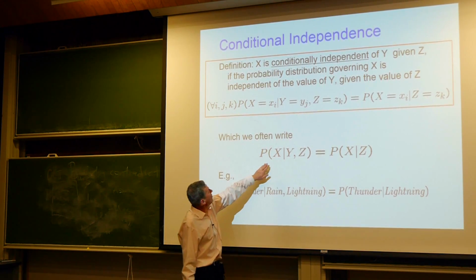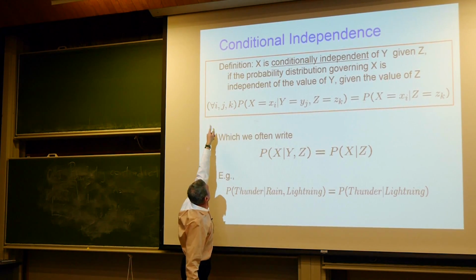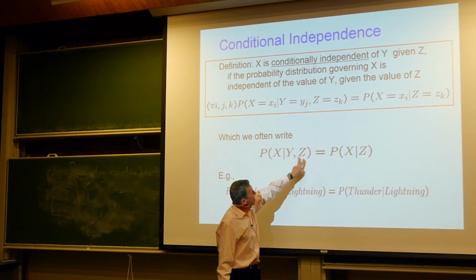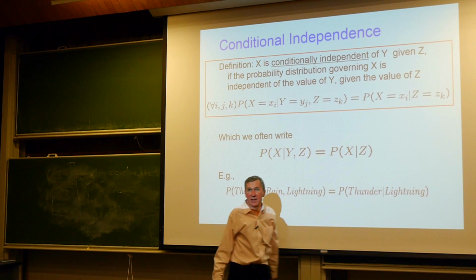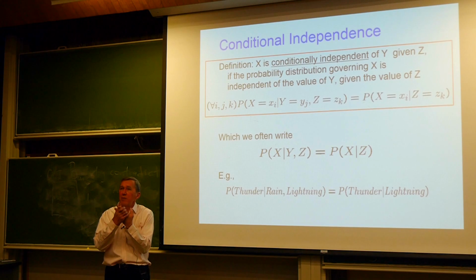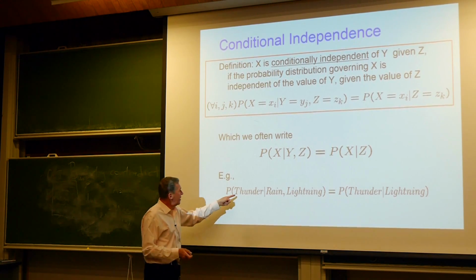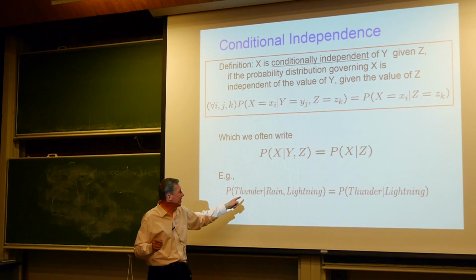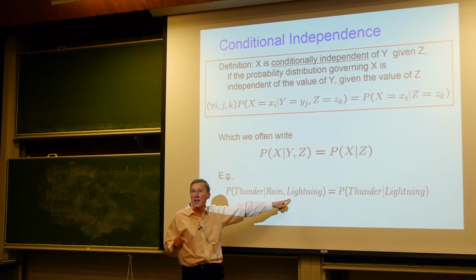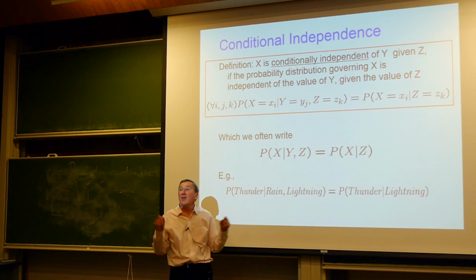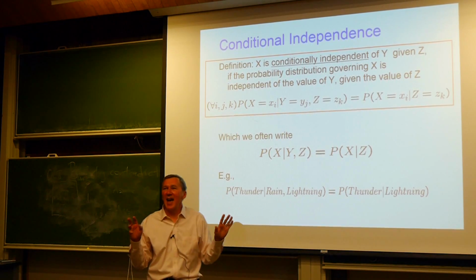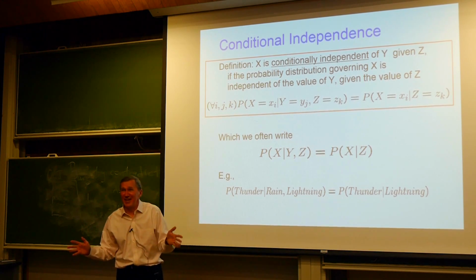We'll often write it this way without the quantifier. Just say the probability of x given y and z equals the probability of x given z. And here's an example. Think of three random variables that could be true or false. We could have just heard thunder, yes or no. It could be raining, yes or no. We could have just seen lightning, yes or no. You and I know, because we live in the 21st century, that lightning causes thunder.